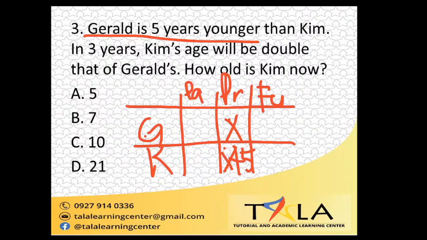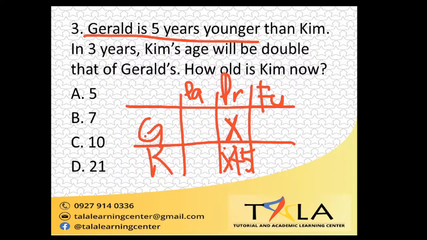Naluloka ako sa concept ng minus, kasi maraming tao ang nagkakamali lalo na kapag minus ang ginagamit. So, might as well use plus. Ang alam mo, mas bata si Gerald ng 5 years, so lagay mo X. Dagdag mo na lang dun sa isa, kay Kim. Okay, sabi, in 3 years, yung edad daw ni Kim, magdodoble daw nung kay Gerald.